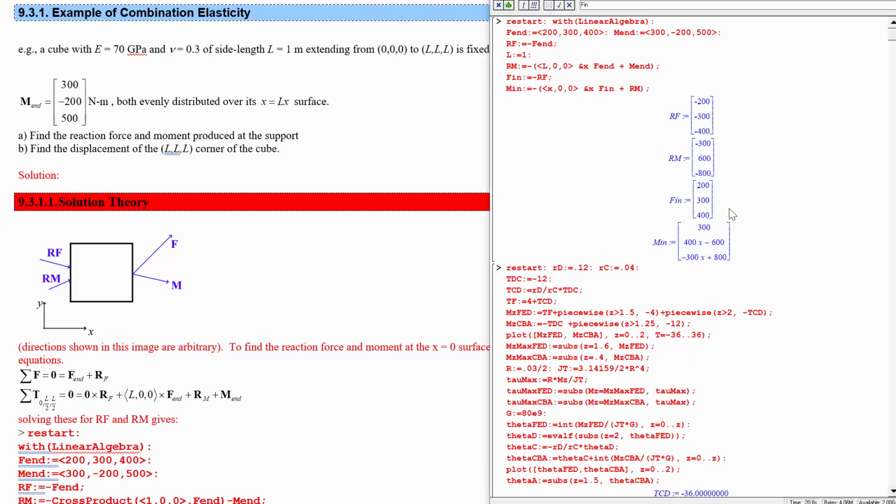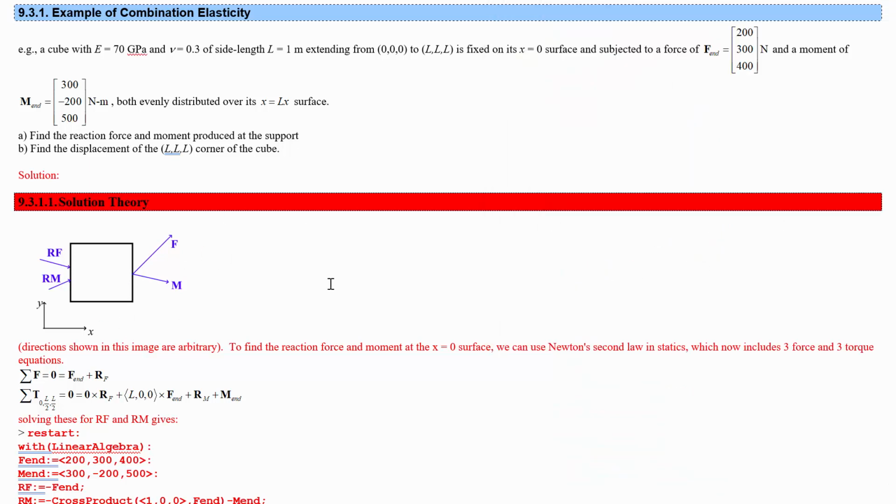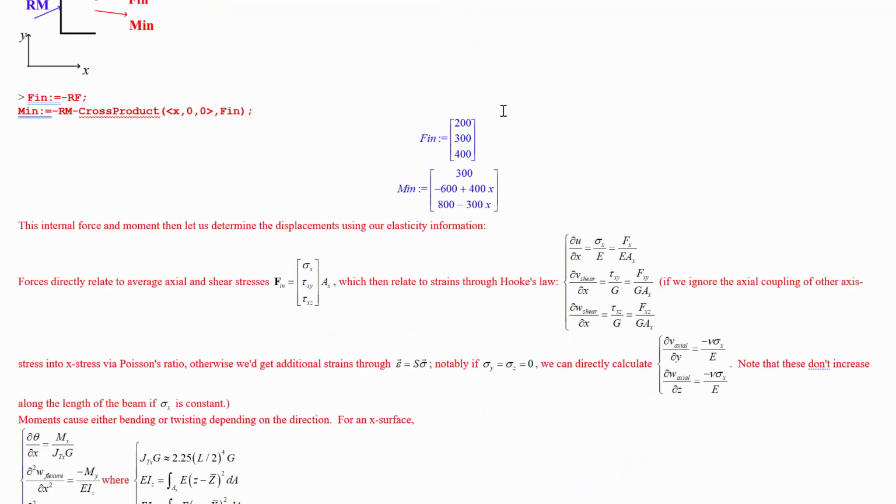So we can take this internal set of forces and convert it into internal axial, normal, and shear stresses along this beam, and the internal moments, and interpret them as bending and torsional moments, bending and twisting moments, and then determine what all of the displacements that would be caused by all of those things acting together is.